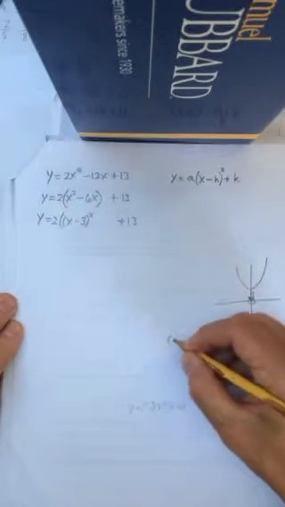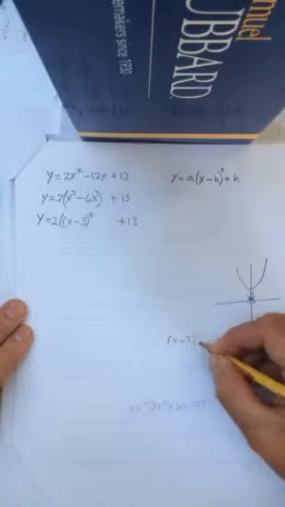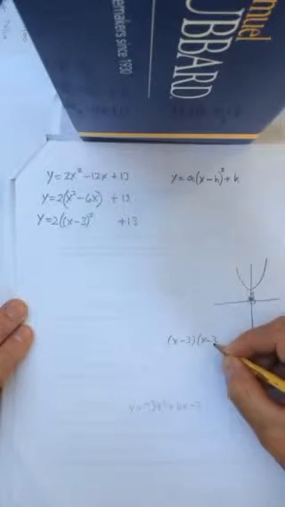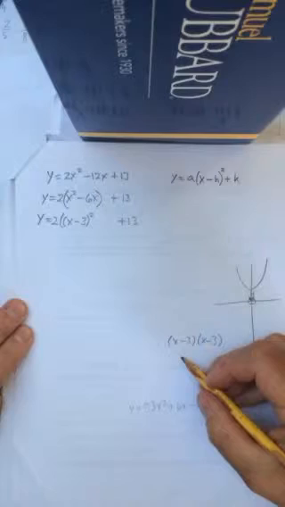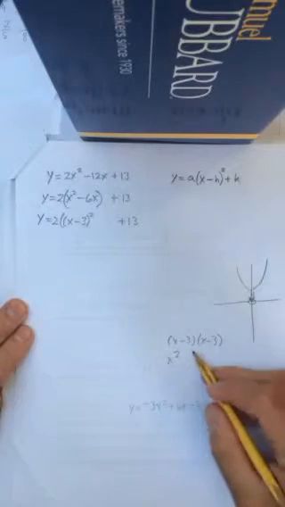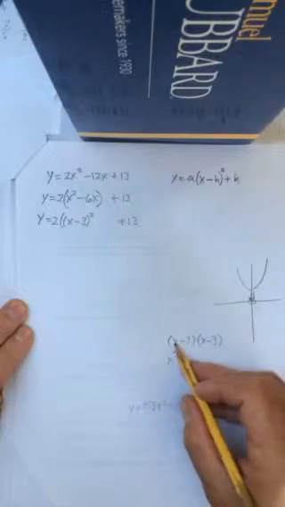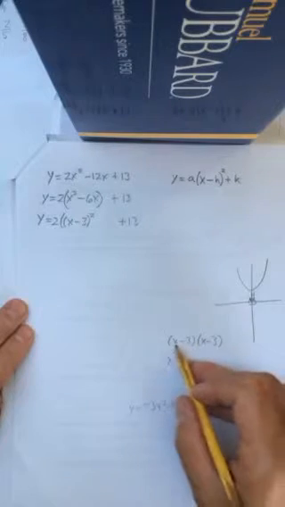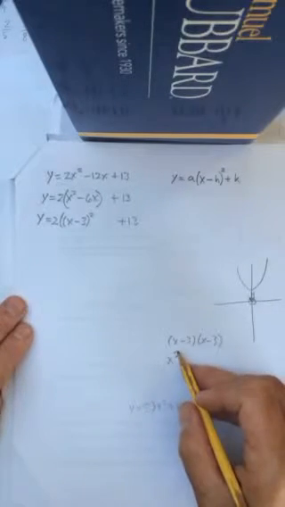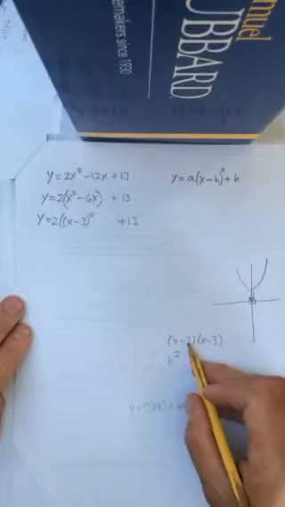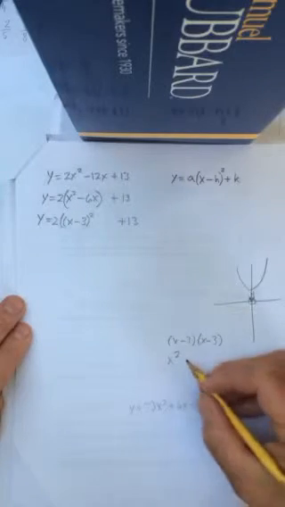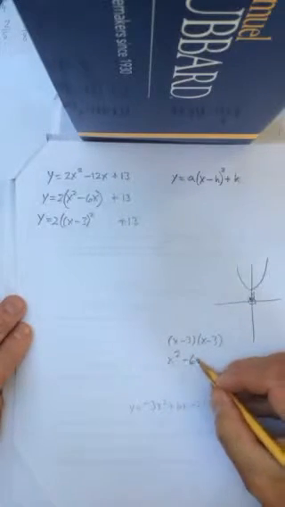If you actually square it, you've got x minus 3 times x minus 3, and that equals x squared. Let's go with outer: x times negative 3 is negative 3x, plus another negative 3x, so that's minus 6x.